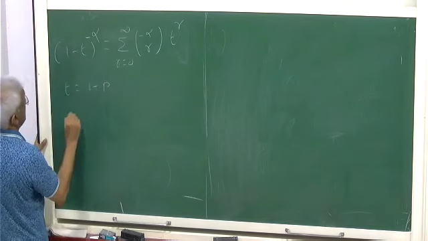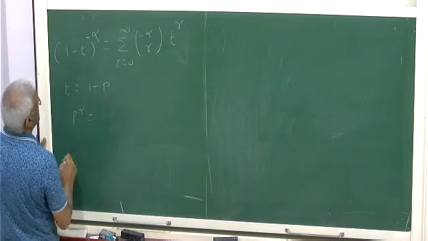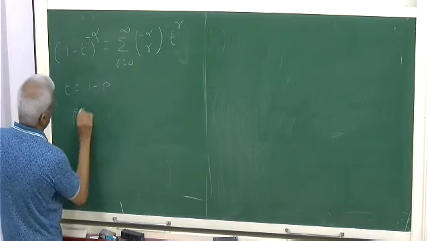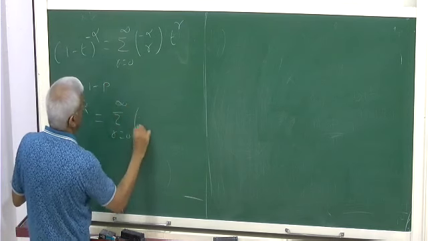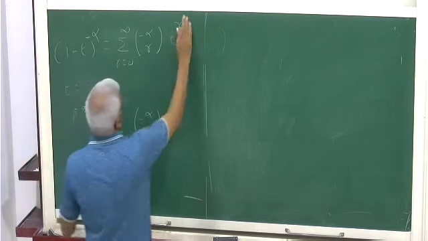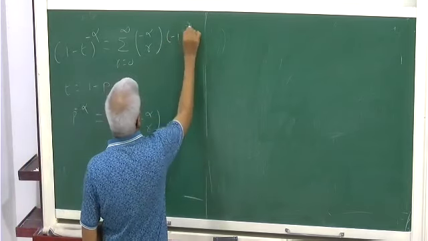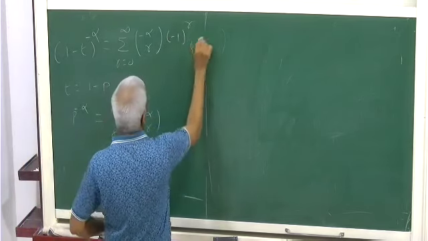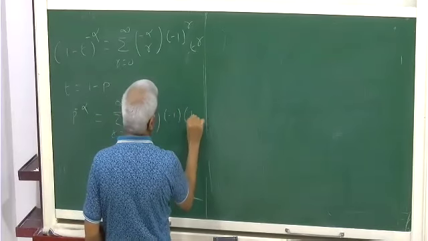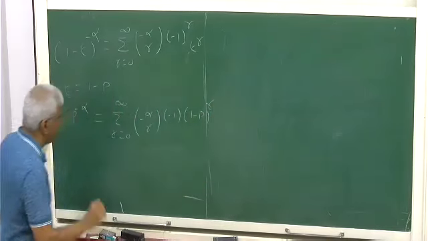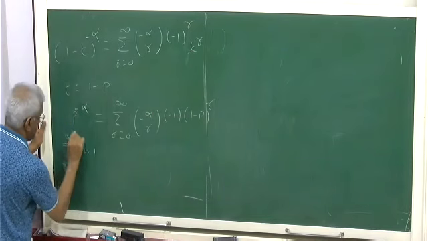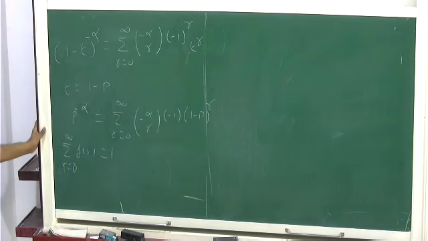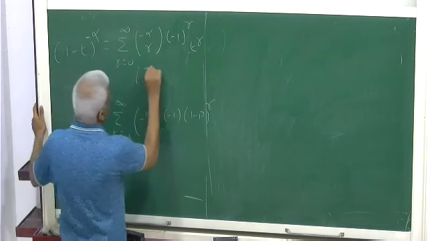That gives p power minus alpha equal to the summation of alpha plus r minus 1 choose r, minus 1 power r, p power r. So the sum of f of r from 0 to infinity equals 1, and this is a probability mass function.